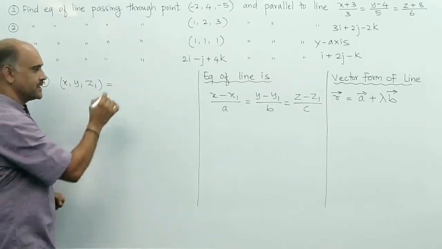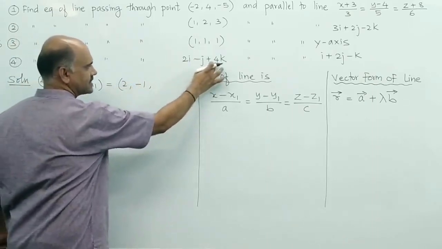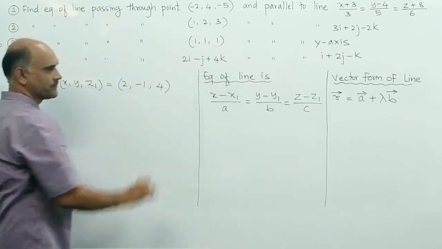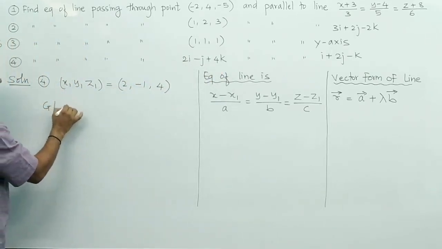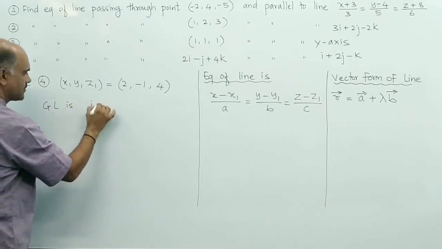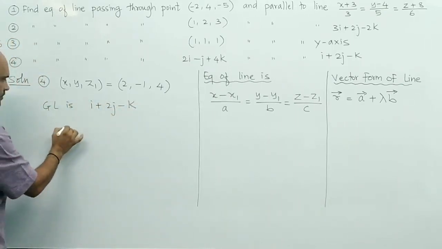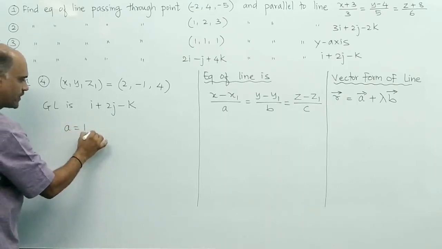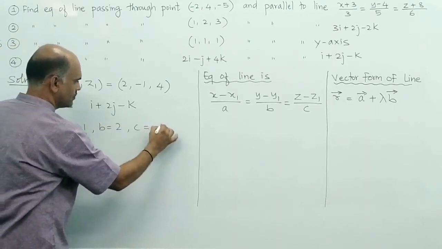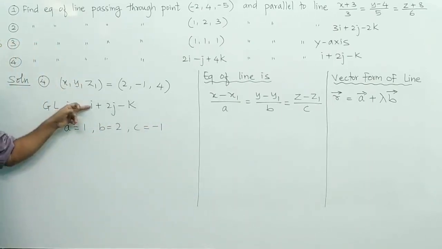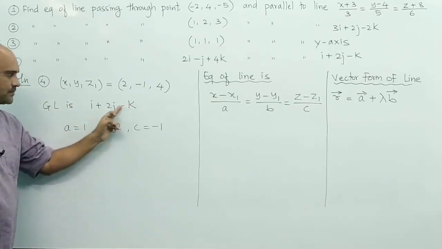So x1 will be 2, y1 is -1, z1 is 4. Parallel to the given line he has given i plus 2j minus k. So you'll have a = 1, b = 2, c = -1. Coefficient of i is 1, j is 2, k is -1.